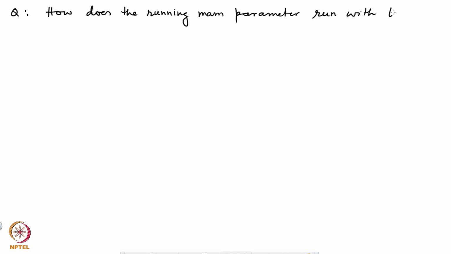So the question is, how does the effective, let's keep calling it running, mass parameter run with t?